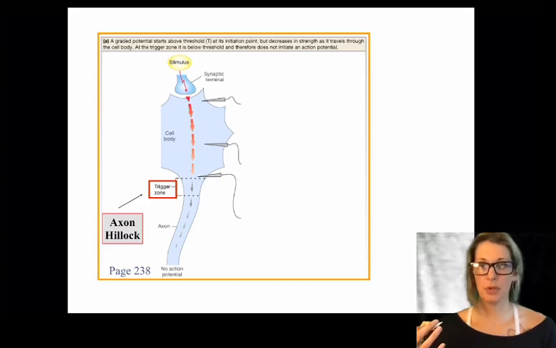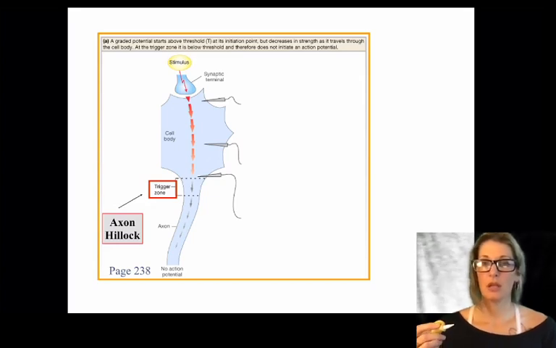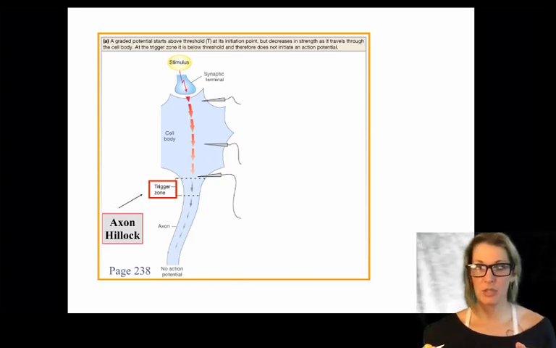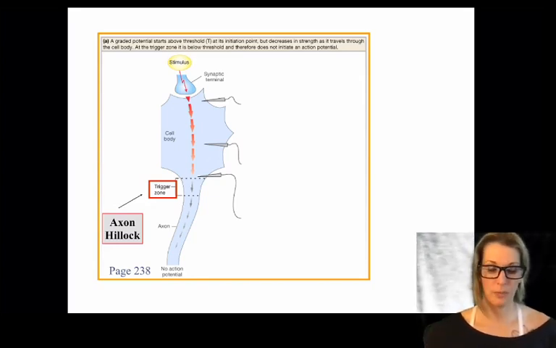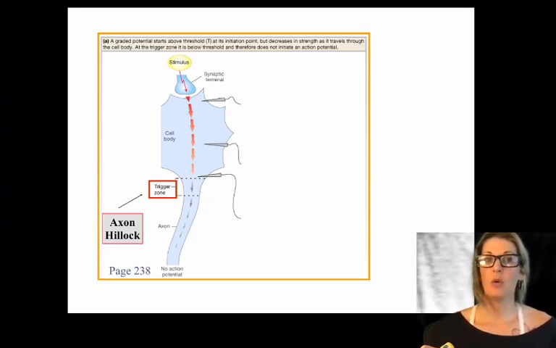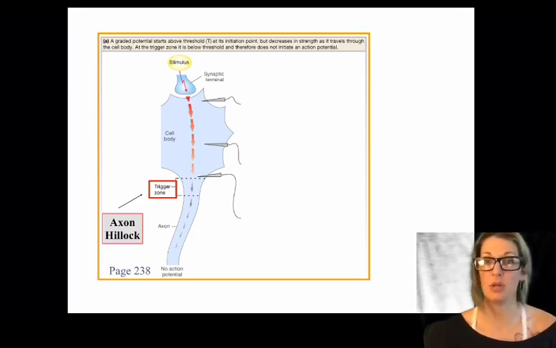So we're going to step through two scenarios. Do we trigger an action potential or do we not trigger an action potential? So this is our imaginary neuron. At the top is our stimulus. And then what we're looking at is that graded potential moving toward the axon hillock, which is, on this, labeled the trigger zone. Okay? The axon hillock is that area between the two dotted lines.